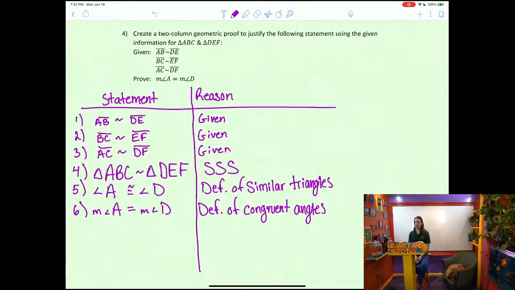Then we can tell that angle A must be congruent to angle D because of the definition of similar triangles. If two triangles are similar, then their side lengths are proportionate and their angle measures are congruent. And therefore, if the angles are congruent, then their measures must be equal to one another due to the definition of congruent angles.